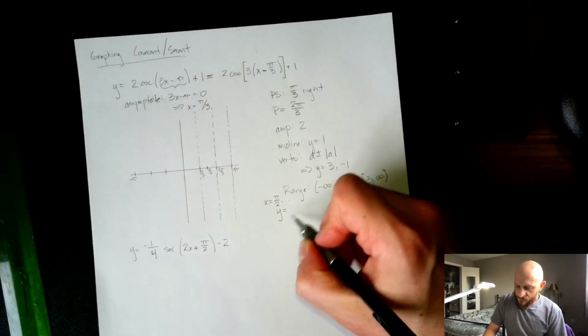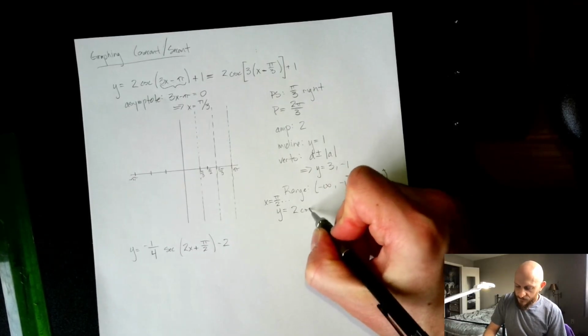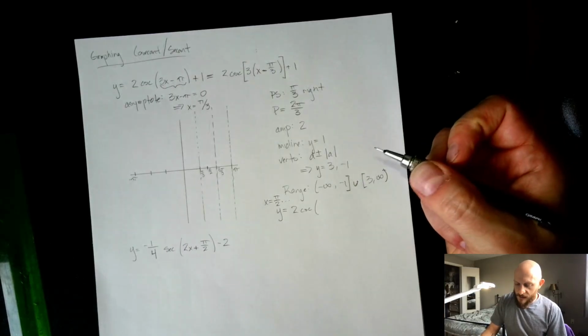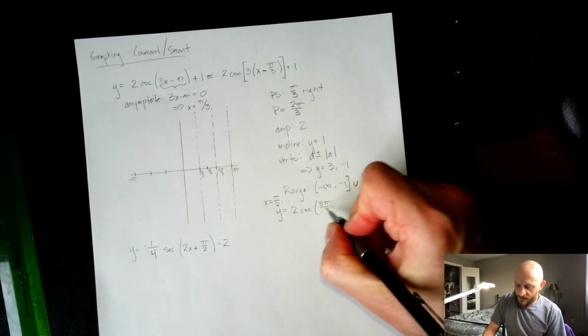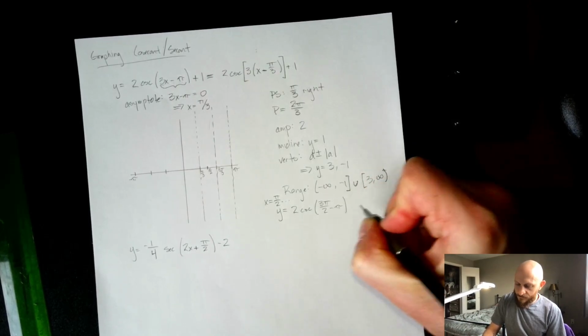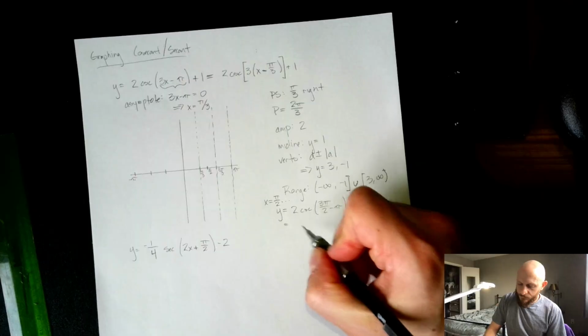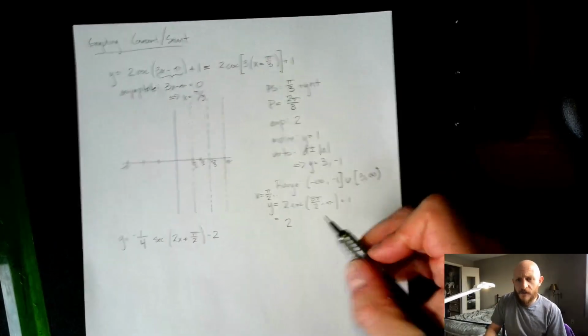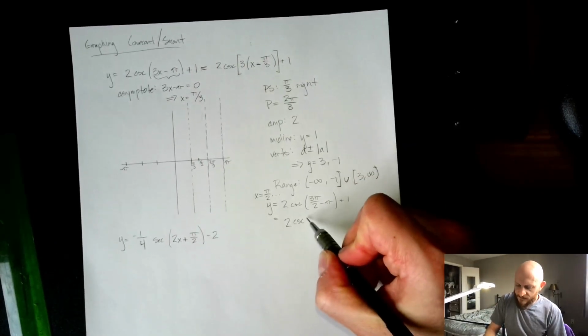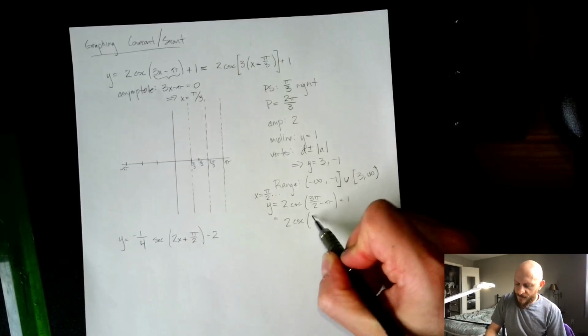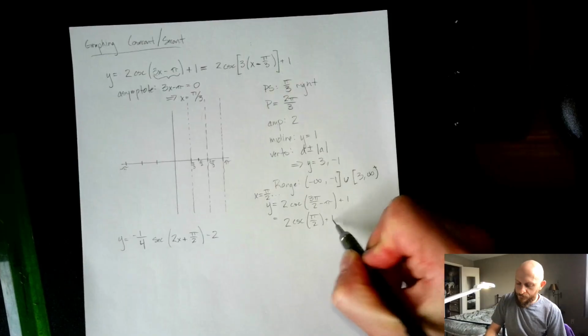So when x is equal to pi over 2, I have 2 times the cosecant of 3 pi over 2 minus pi, plus 1, which is 2 times the cosecant of pi over 2, plus 1.